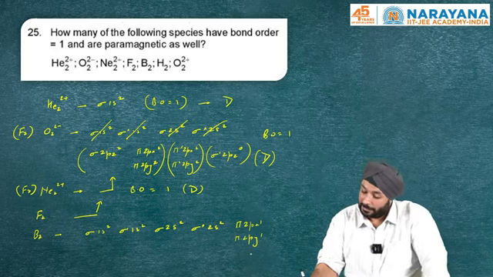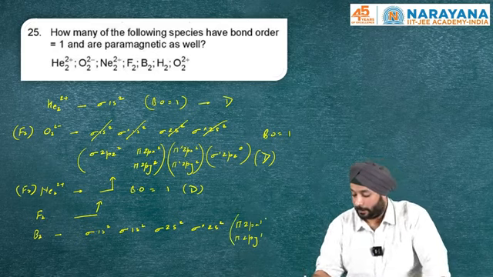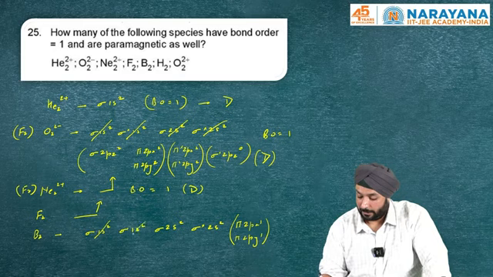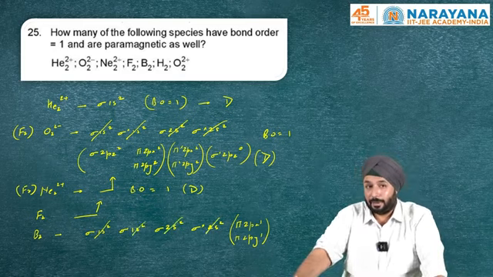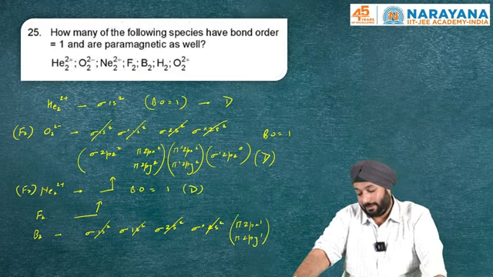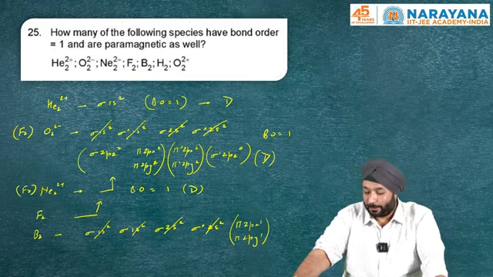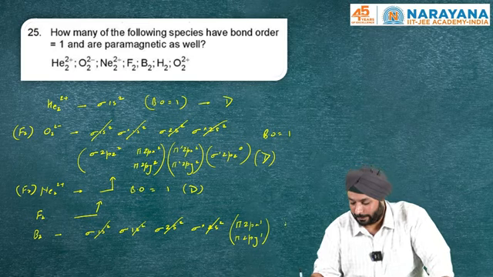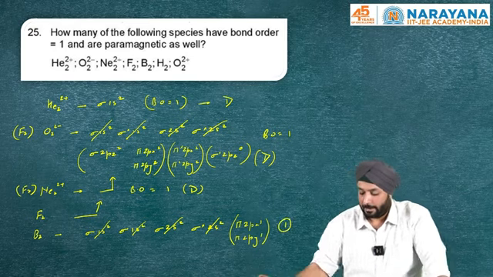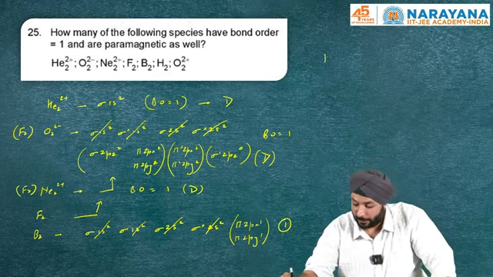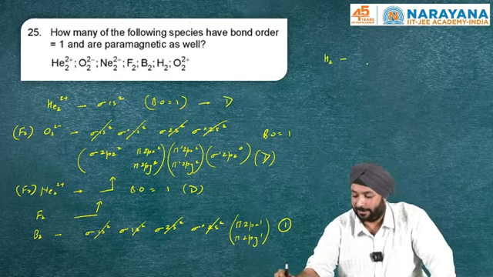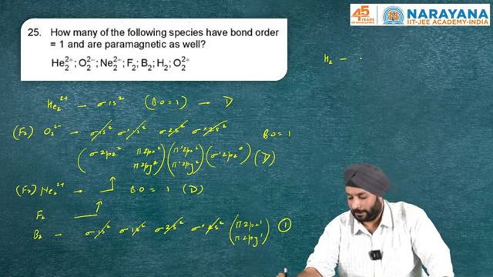Now this is the species which actually has bond order 1, and yes, it has 2 unpaired electrons, so it will be paramagnetic. So boron is paramagnetic, right? Thereby you have hydrogen. Just now we have discussed hydrogen. It is the same as He2 +, sigma 1s2, bond order is 1, diamagnetic.